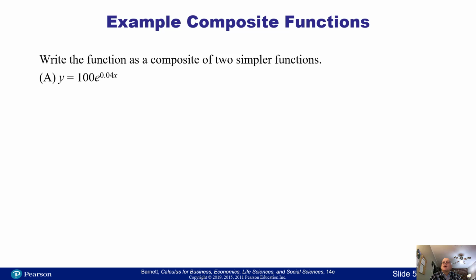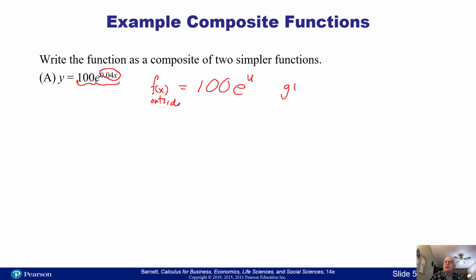Next, write this function as a composite of two simpler functions. This would be the inside function because if we were evaluating this, we would have to do that first and then send it to the outside function. So we could say, if we want to call f of x the outside function, it would be 100 e to the u.